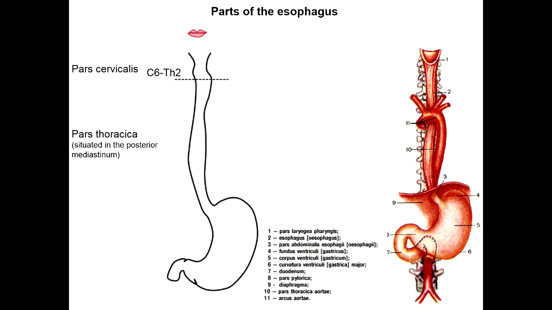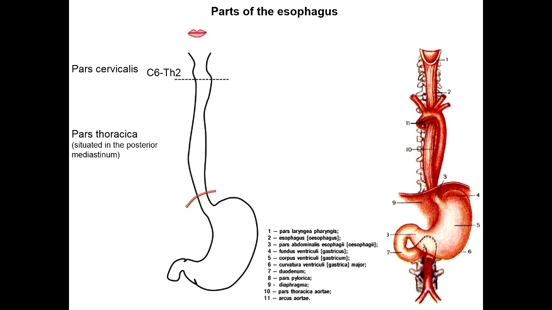The posterior mediastinum is part of the thoracic cavity which is located between two lungs, and posterior mediastinum means that this organ is located more dorsally than another organ. Practically it lies on the corpus vertebrae of the thoracic part of the spine.